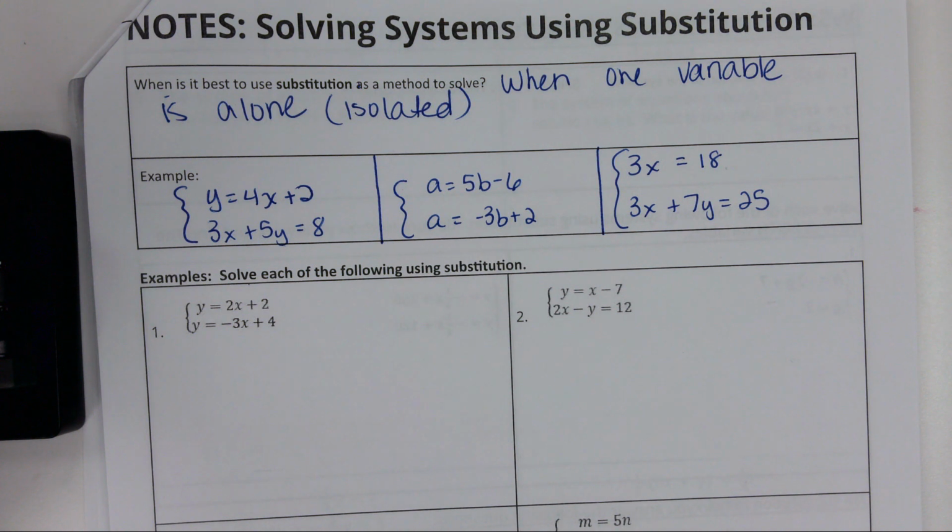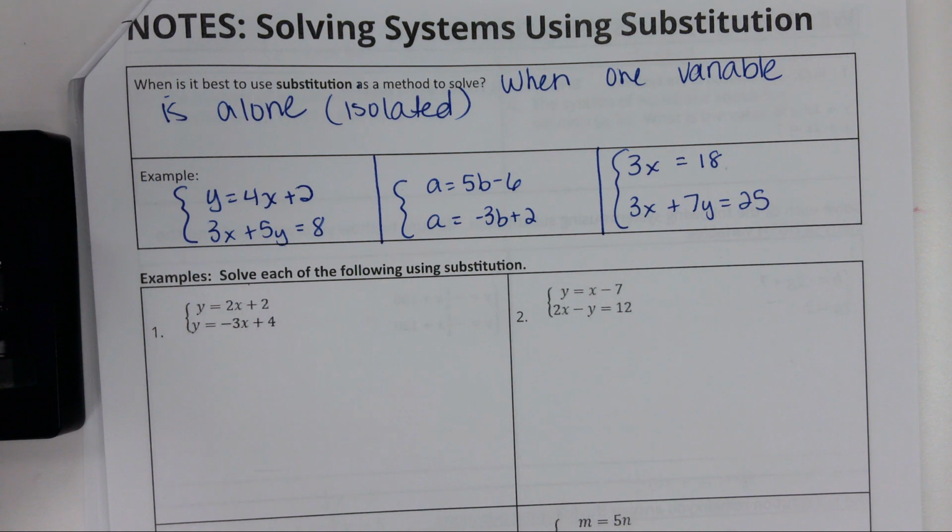When we say one variable is alone or isolated, is a variable isolated here? No, because it's got a 3x. However, what's different about this one? Aubrey, did you see it? She's going to say two variables. Okay, there's an x and a y. But what do you see? You might think it's nothing, but it's something.